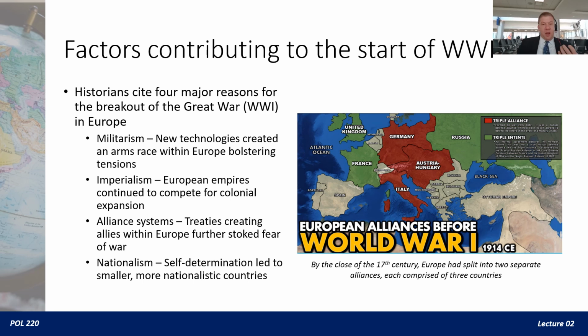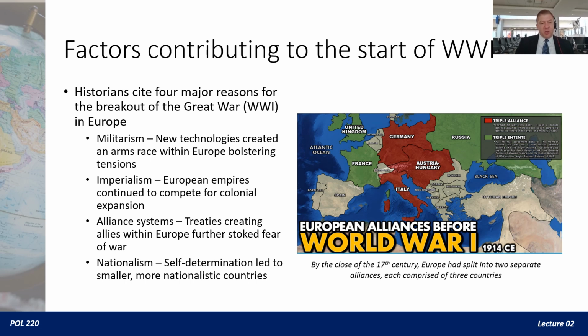So you saw the Triple Alliance and the Triple Entente form, which would end up being the two sides of World War I. And you can look at a contemporary example: Ukraine's desire to join NATO had a backlash response in terms of Russia retaliating at the threat of that occurring.